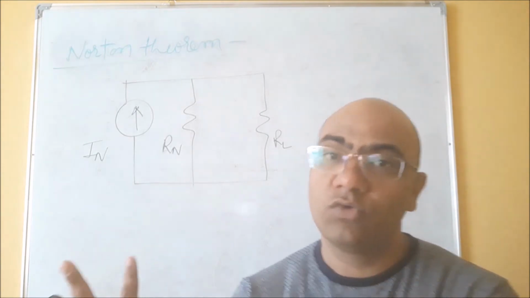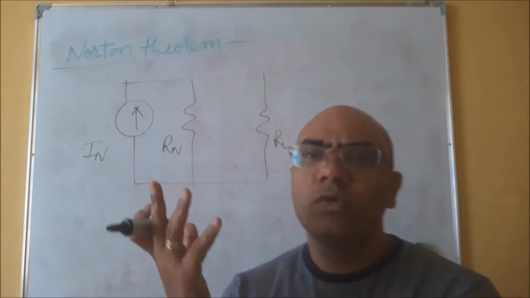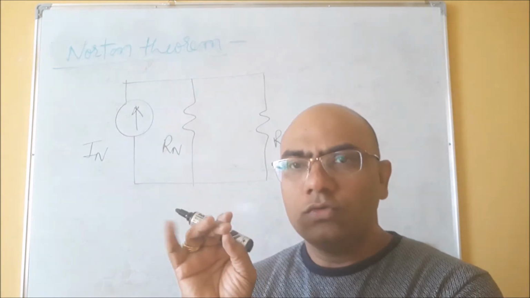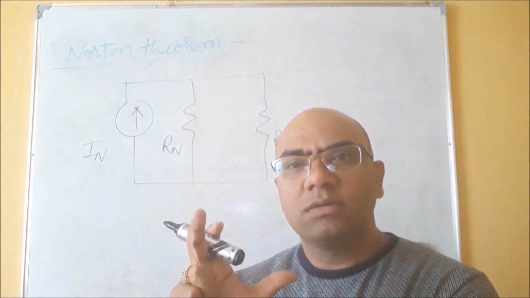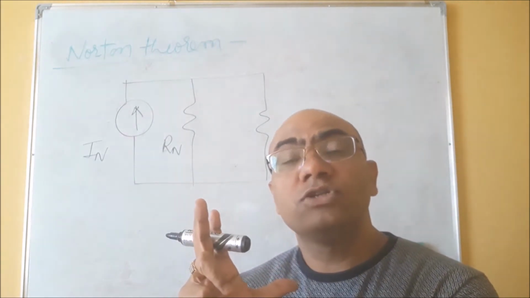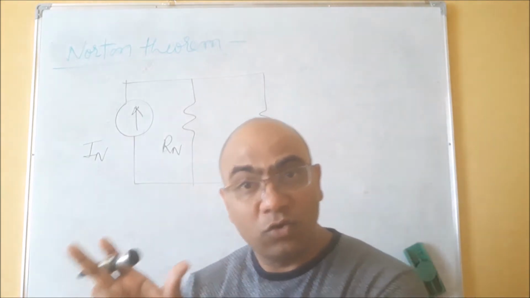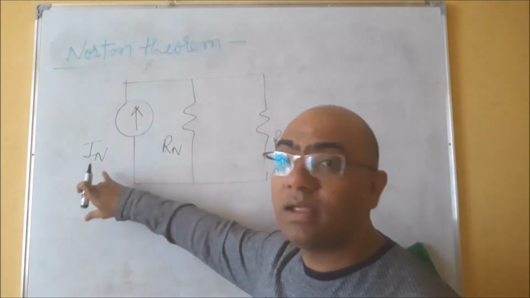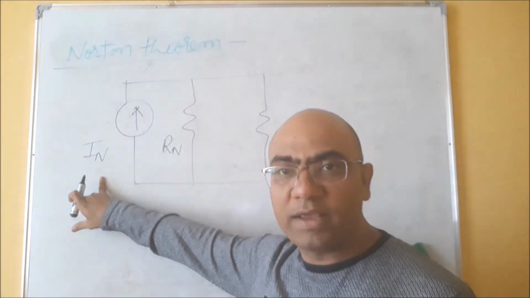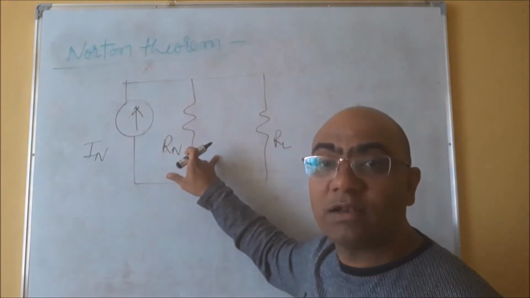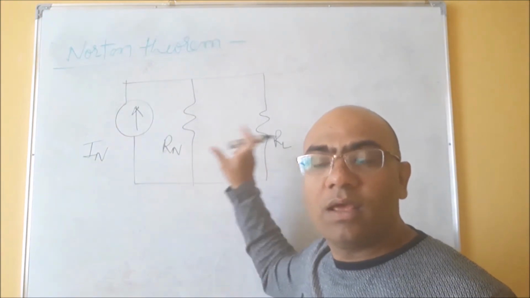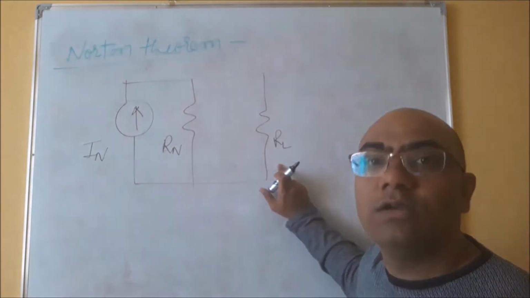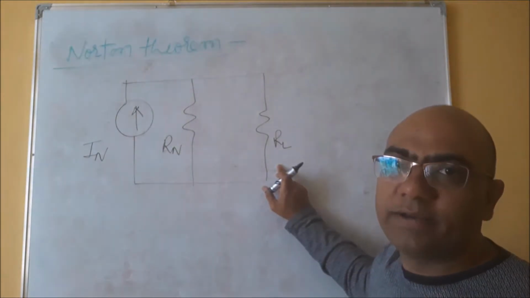If it is given, then okay. If it is not given, then you can choose any one branch as a load branch. For the branch which you are assuming as the load branch, the rest of the circuit can be represented by a current source IN in parallel with a resistance RN, and the value of that particular branch will come here as the load resistance.